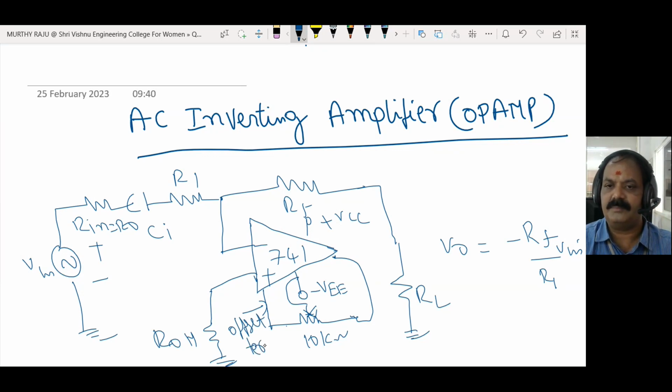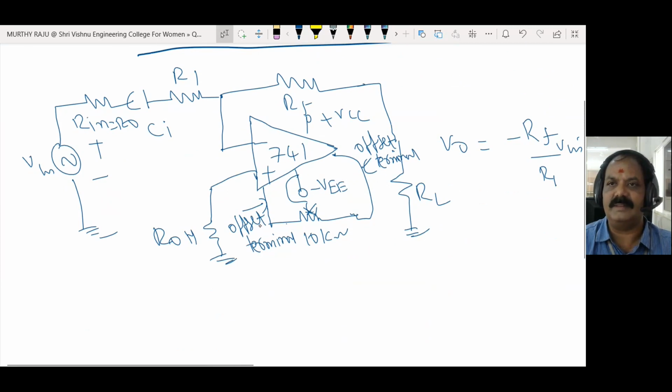The offset terminal of the top end. This is the 741 IC.